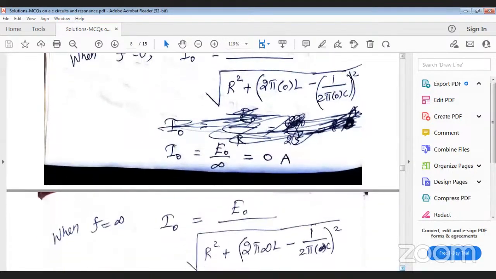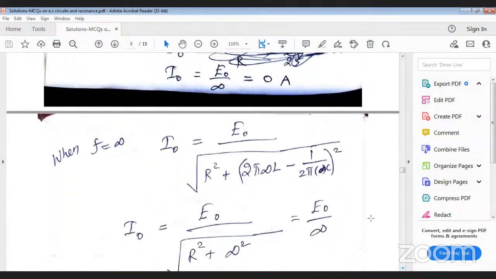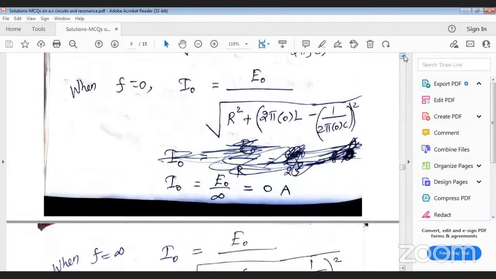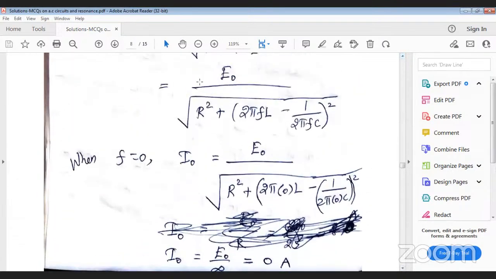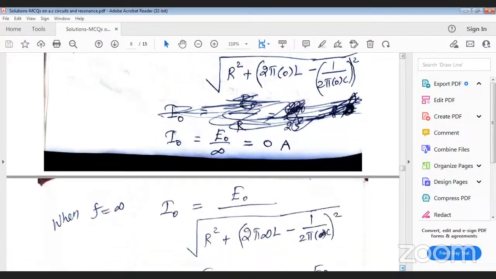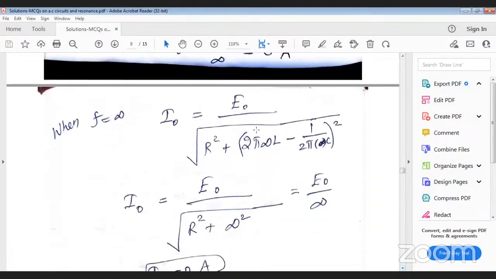The second case is when your frequency is infinite. Here also you need to apply the same formula, I naught equal to E naught by this expression. Instead of frequency f, you need to substitute infinity. So here you will have 2 pi infinity L, which means this term will be infinity.